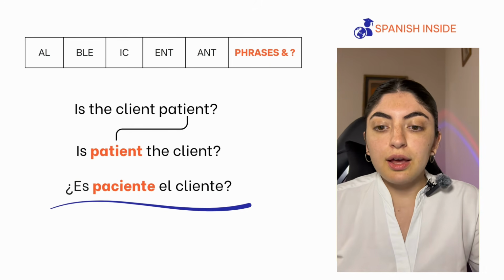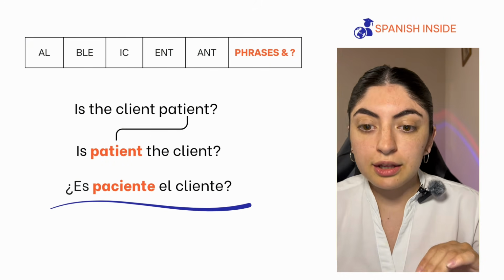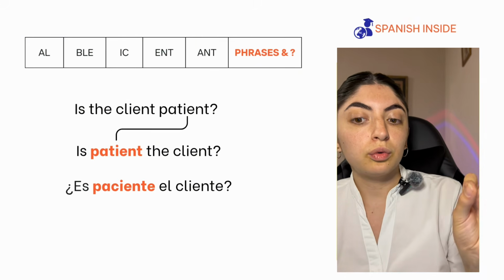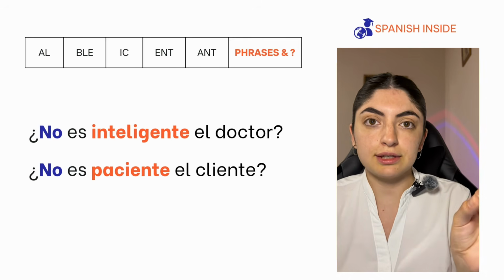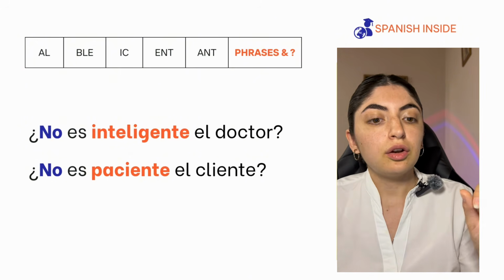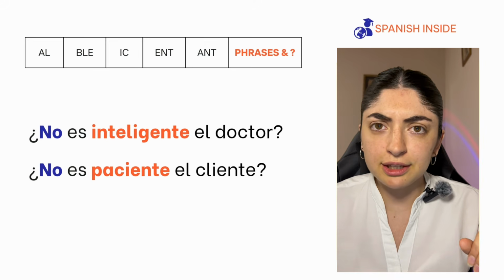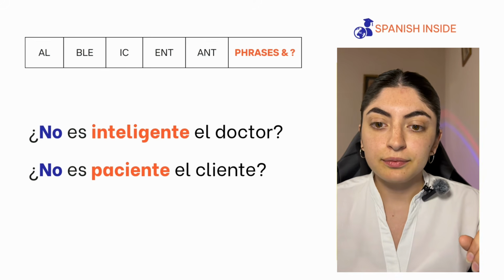Now, to say this in a negative way, just place no right in front of es, like this. ¿No es inteligente el doctor? ¿No es paciente el cliente?